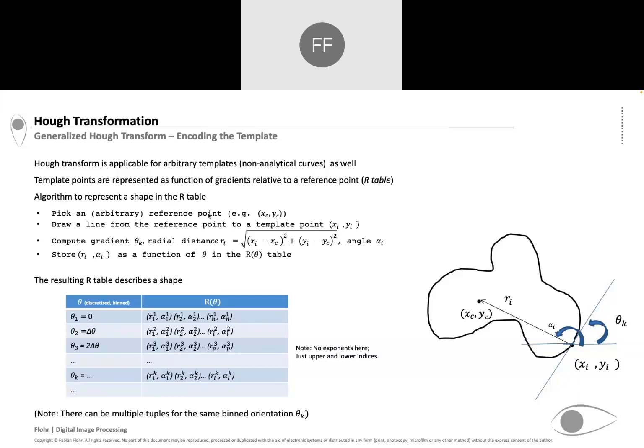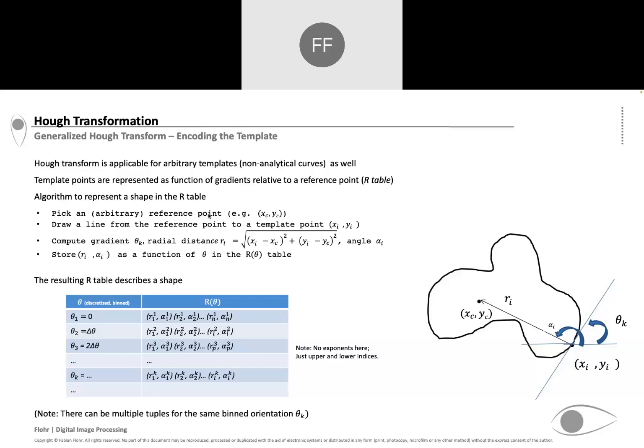And this database is called the R table here. And the R table stores now basically this angle here, where we have at each particular template point and the radius to a customly defined midpoint, which is normally lying in the shape or in the template, but it could also lie outside the template.